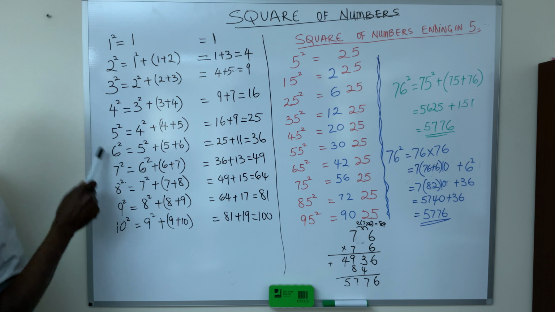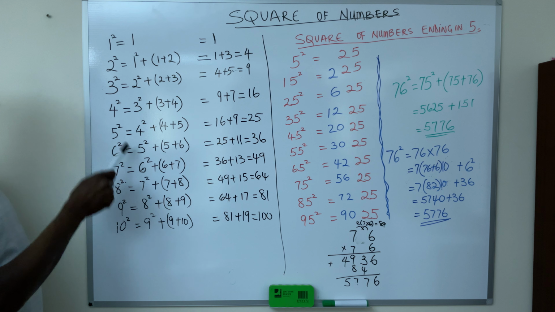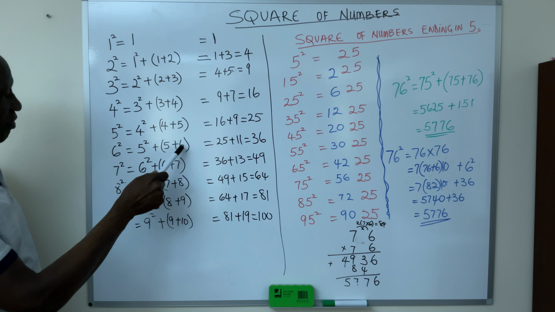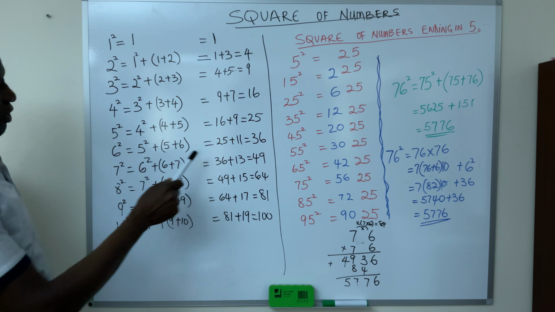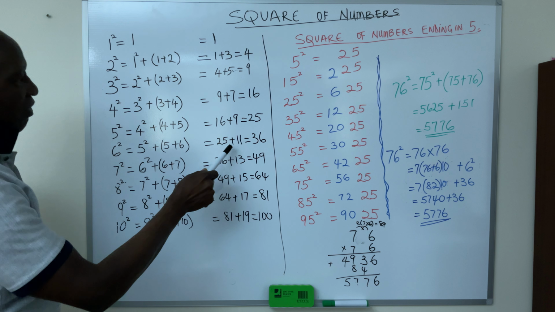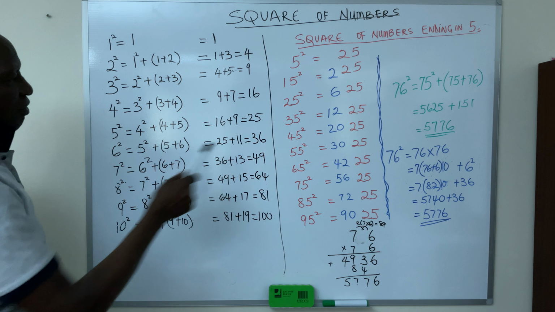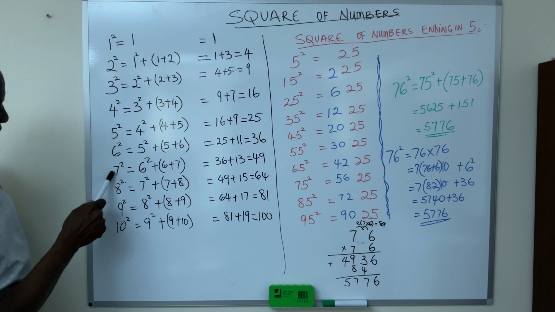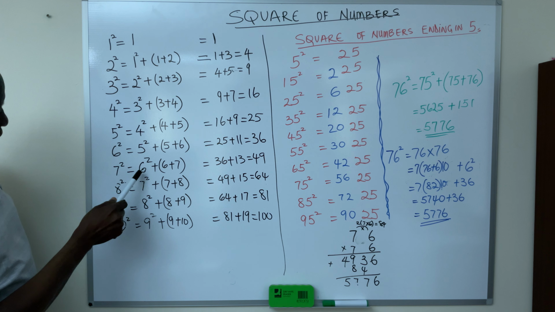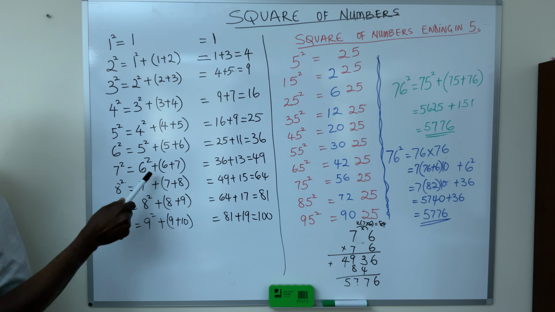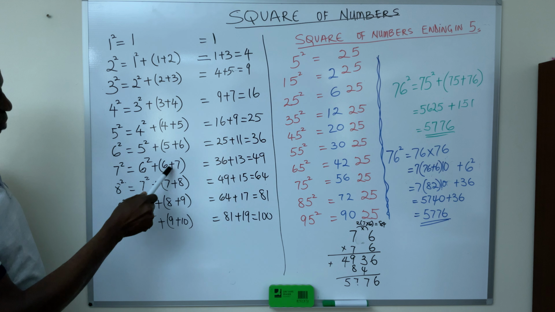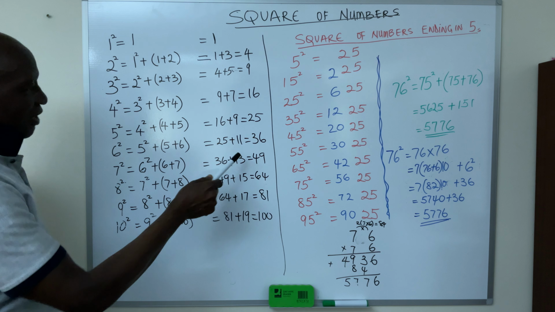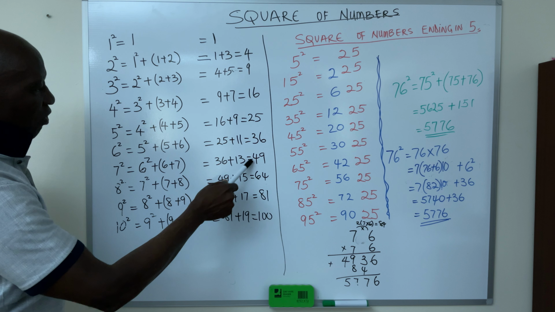The square of 6 is the square of 5 plus the sum of 5 and 6, which is equal to 25 plus 11, and that gives 36. The square of 7 is equal to the square of 6 plus 6 plus 7, which is 36 plus 13, and that is equal to 49.